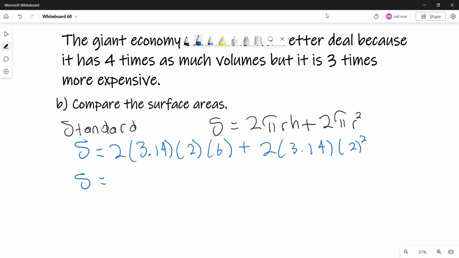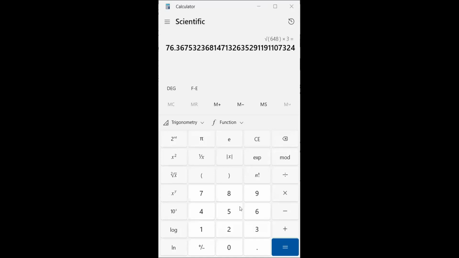Remember, the surface area is still an area, so it's still going to be in square units. So this is 2 times 3.14 times 2 times 6 plus 2 times pi times 2 squared. That's 100.48 square inches.